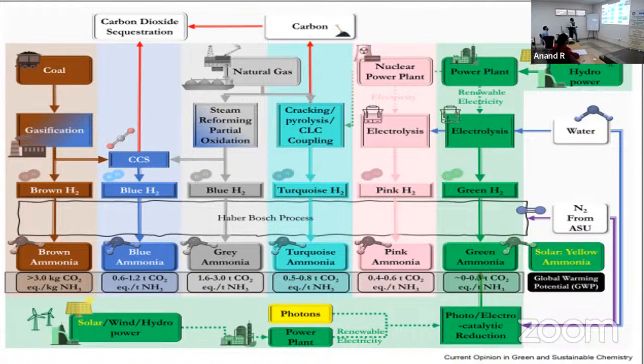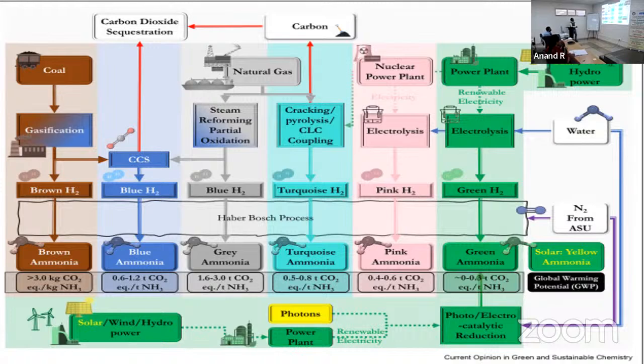Then we can go for blue ammonia, the same system, coal as a fuel, gasification as the thermochemical conversion system. If you are not recovering CO2, it's called brown hydrogen, brown ammonia. If you are recovering it by using a carbon capturing system, it's called blue hydrogen. But the raw material or the fuel is coal.